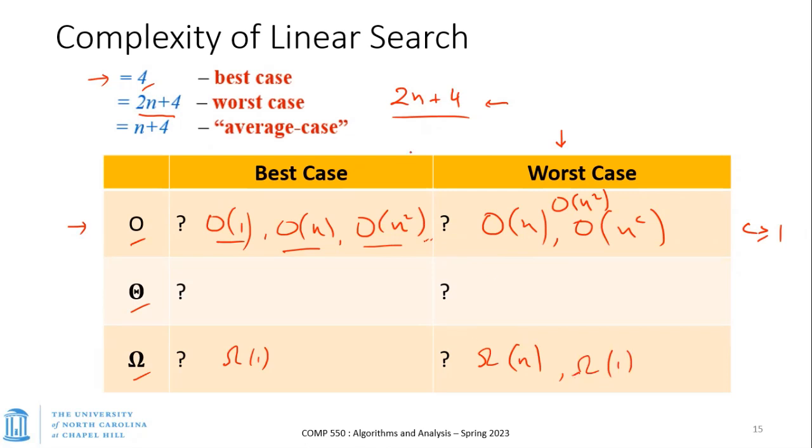Well, omega of n, as I said, comes directly from this particular expression, from the polynomial. We dropped the constants. And omega of 1, why? Because this is a lower bound, right? So omega of 1 is a loose lower bound, but it still, nevertheless, is a lower bound on 2n plus 4.